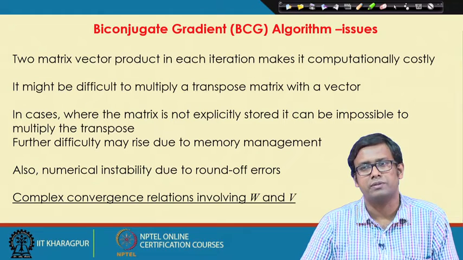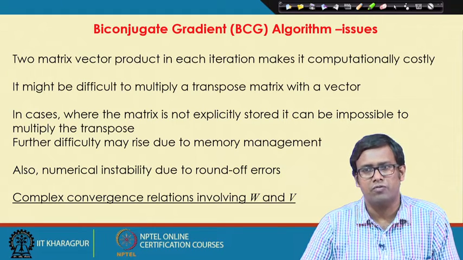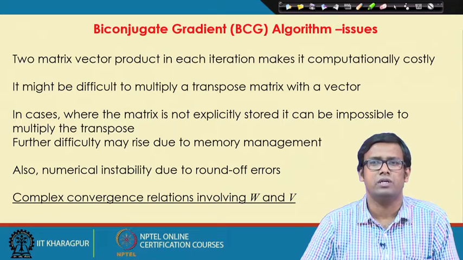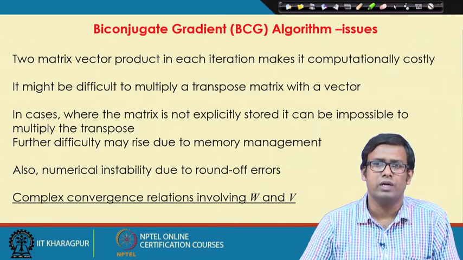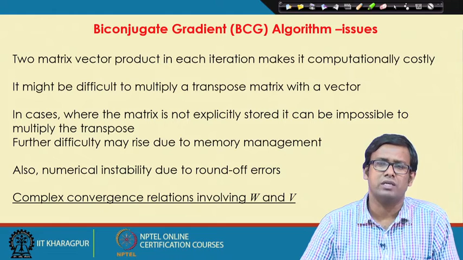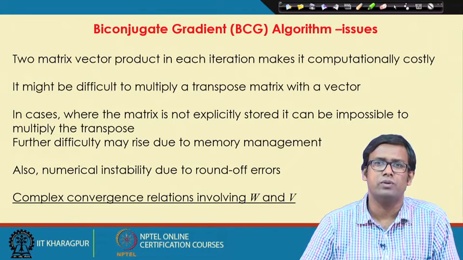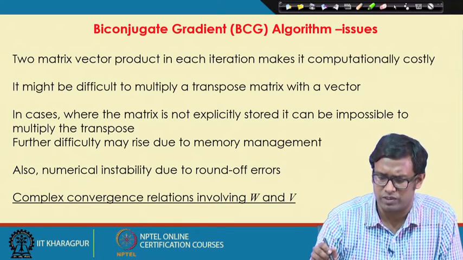There is another Krylov subspace which is important here, and therefore the rate of fall of the residue is complex, and we see an oscillatory pattern. At the end of this, and in the next lecture, I will show you some results using the biconjugate gradient method, and you will see that the residue does not monotonically drop down to 0, rather it oscillates due to the complex convergence pattern.